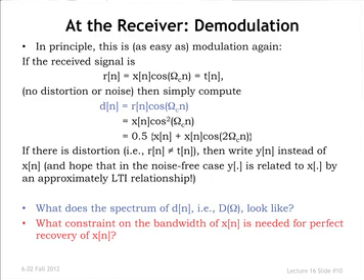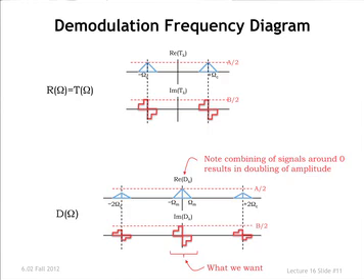All right, so multiplication by cosine omega c, well, we know what that does in the transform domain, so here's the picture. And the piece that we want is the center piece. So what we need to do is filter it out of what's resulted from the heterodyning. So what kind of filter and what kind of cutoff frequency would you want?